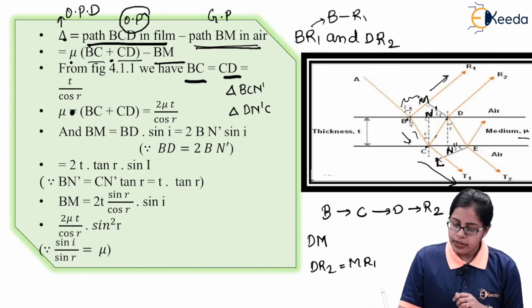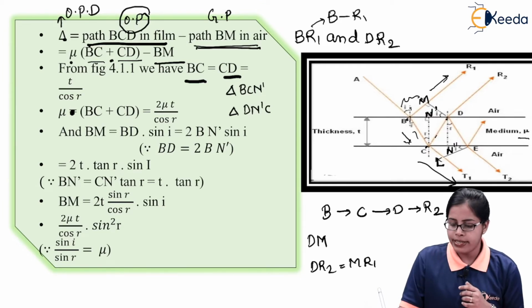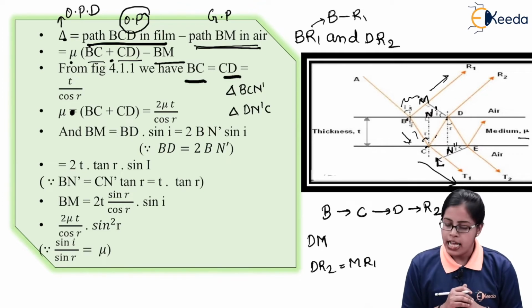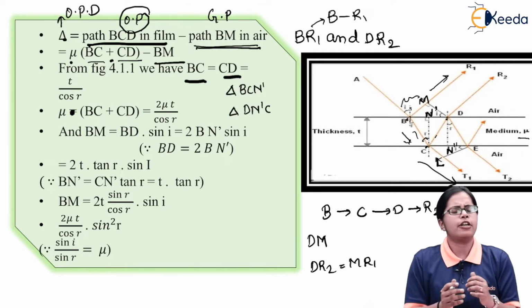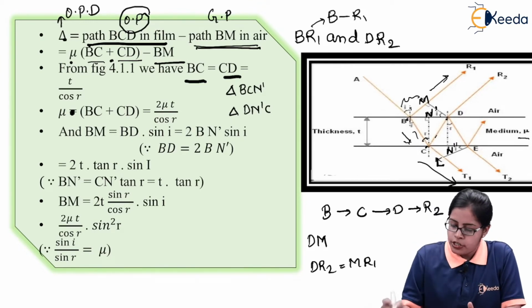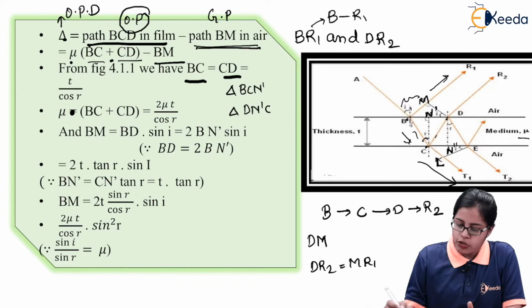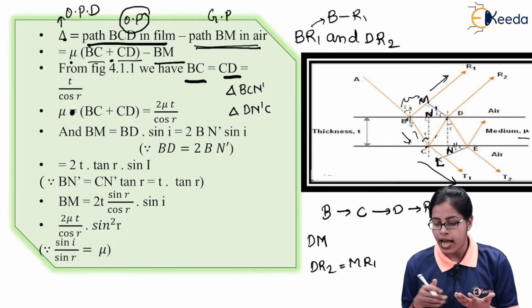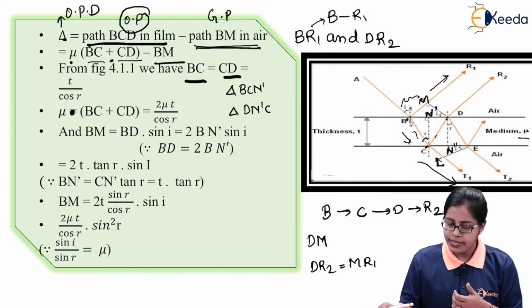So if I calculate the BC value using the first triangle, that is triangle BN'C, in that this is the angle R. Now if this is angle R, I've taken cos R. According to trigonometry, cos R is nothing but adjacent upon hypotenuse. So cos R is going to have adjacent as CN', and the hypotenuse is going to be BC.